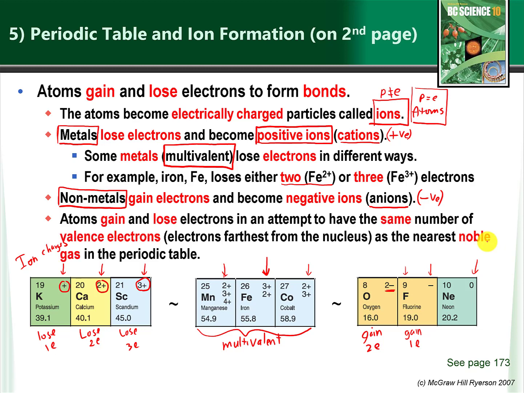Atoms gain or lose electrons in an attempt to have the same number of valence electrons as the nearest noble gas.